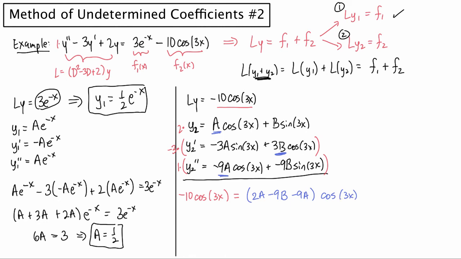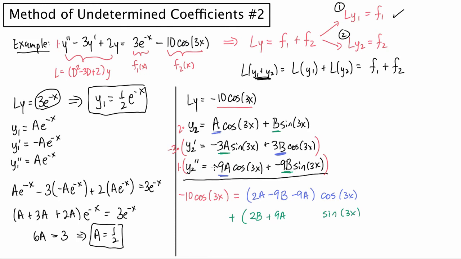Okay? What about the things that are multiplied by sine? Well, I'm going to add to that. We've got a 2b from the first. We've got a minus 3 times negative 3, so that's a positive 9a from the second.